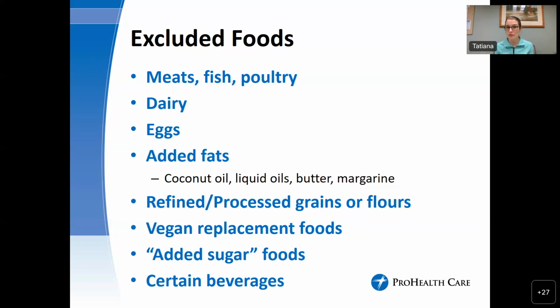Any type of added sugar food, okay, and then certain beverages. These are going to be things like obviously your sodas, fruit juices. Again, that goes back to plant fragment. Apple juice is just one part of the apple. You really want to be consuming the whole apple. Sports drinks, energy drinks, and then any type of blended or sugar sweetened coffee or tea, right? We all know the most popular place to get coffee out there, and it's a 20-deep drive through.